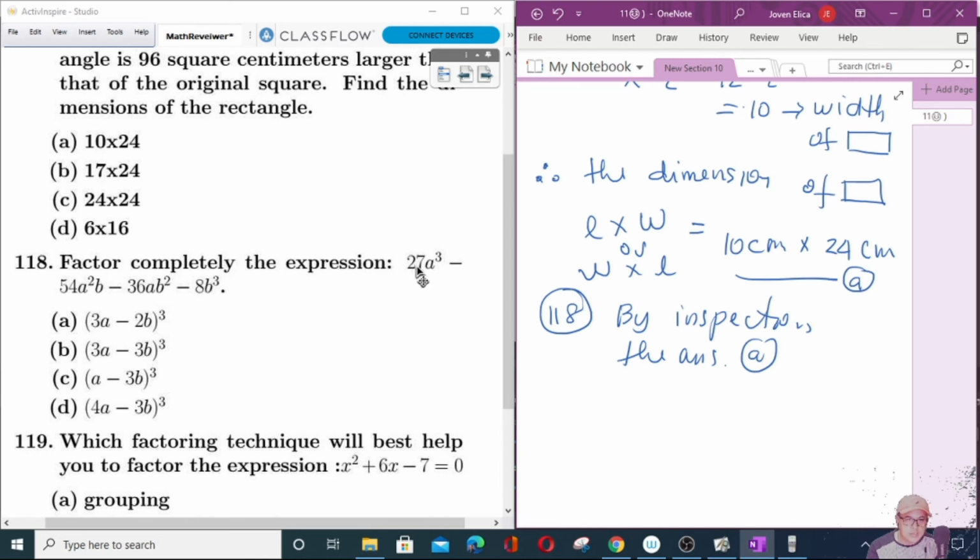And 2 times 2 times 2 is 8. So multiply this by 3 and you will arrive at this answer. So therefore, the answer is letter A. It's a tricky question.